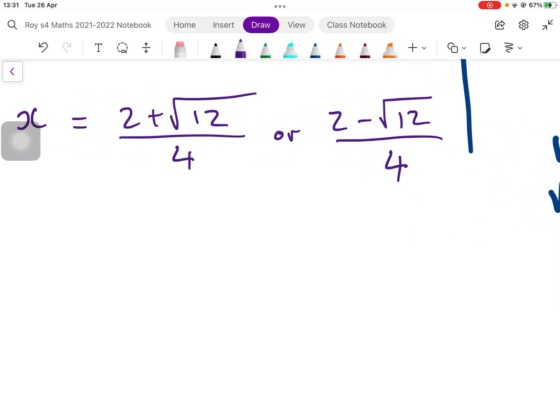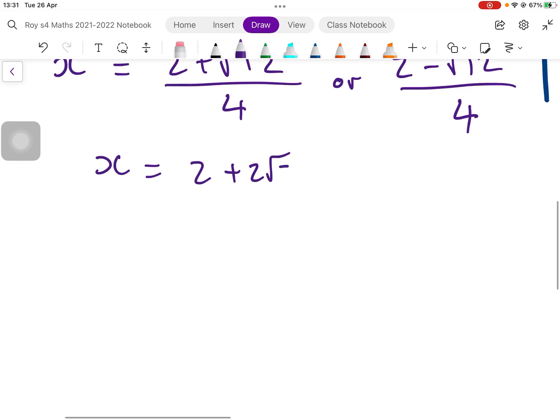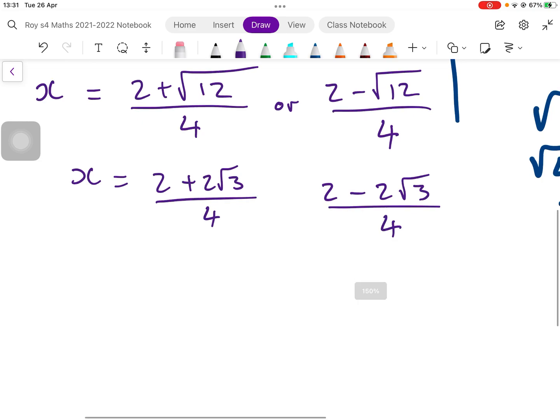So in my answers here, I'll go back and say, okay, well, let's do that. 2 plus 2 root 3 all over 4, and 2 minus 2 root 3 all over 4.